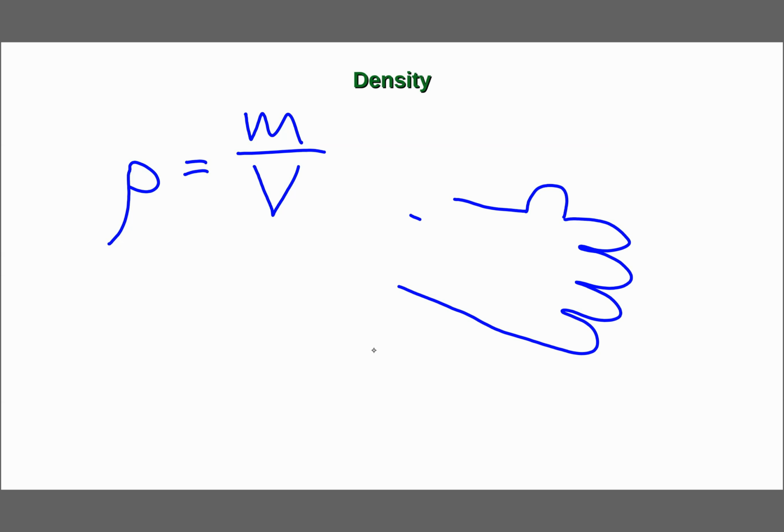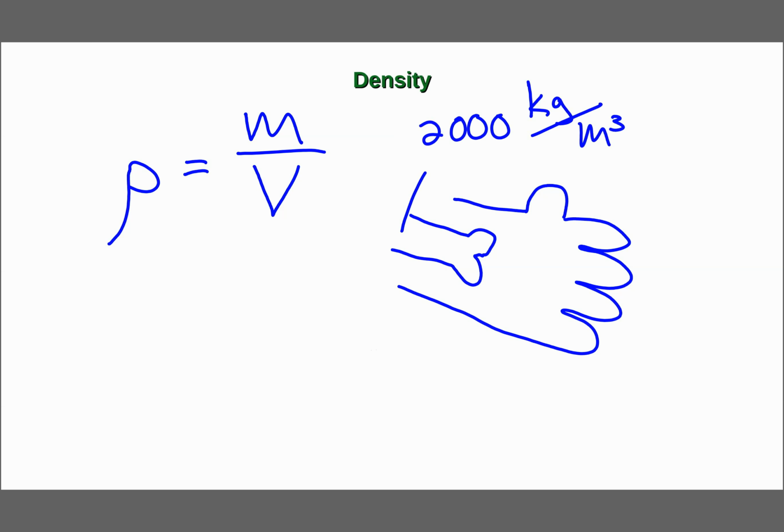You have bones in your body, and they have a density of around 2,000 kilograms per cubic meter. And you have muscle attached to these bones, and those muscles have a density of around 1,060 kilograms per meter cubed.